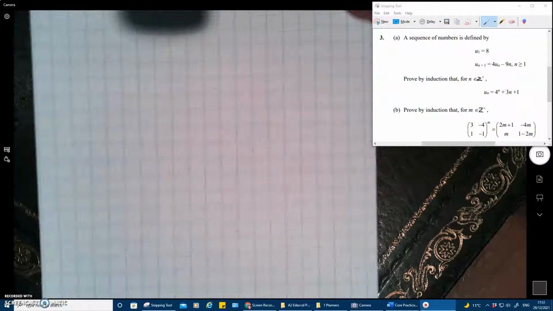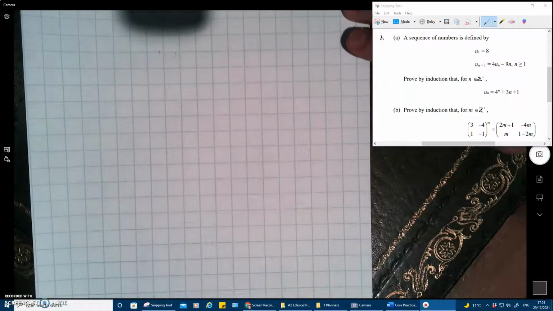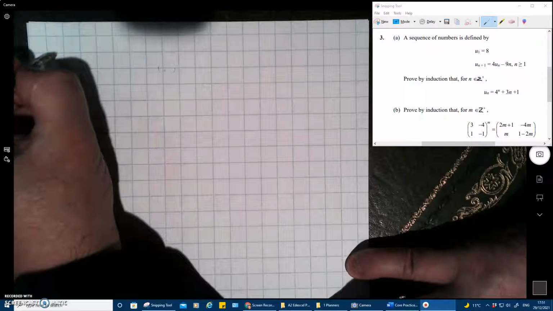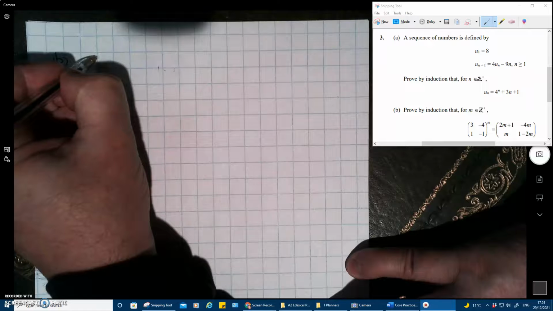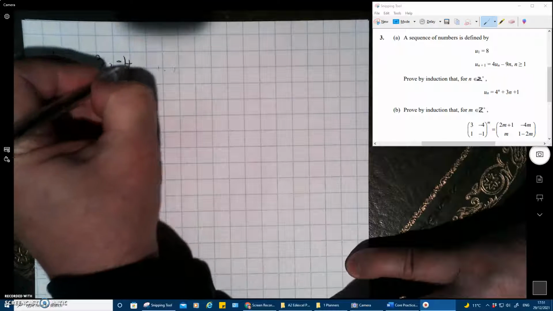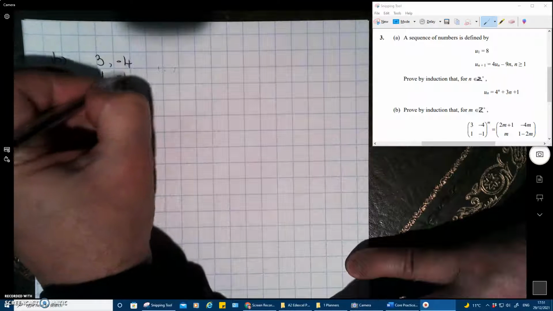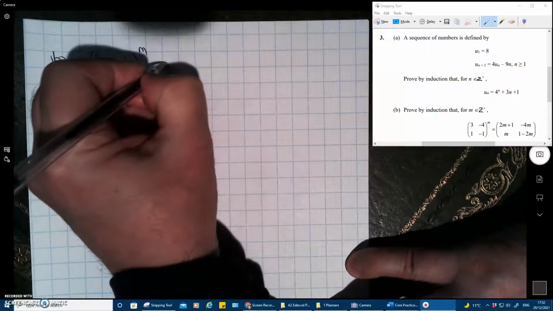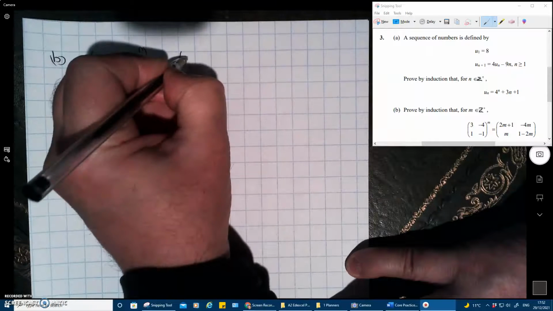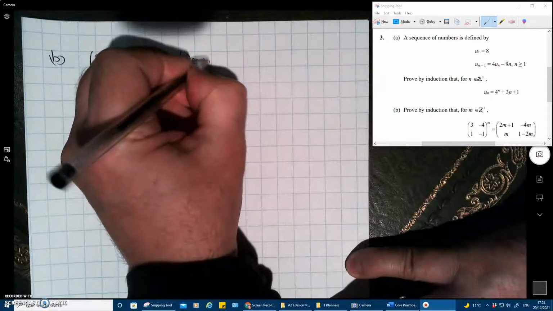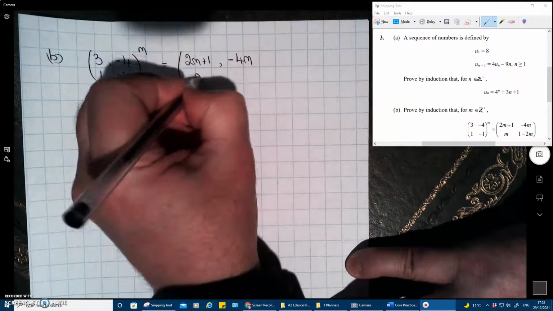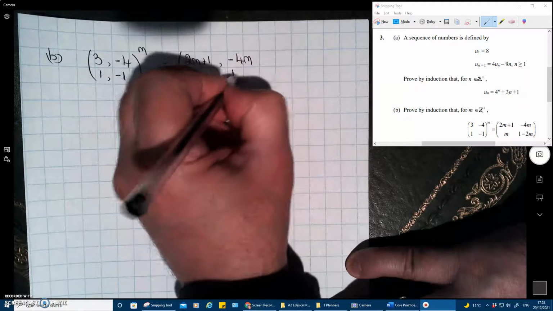Okay, now part B is a very similar process. Bottom of the page. So we're trying to prove that 3 minus 4, 1 minus 1, to the power m equals this expression here, 2m plus 1 minus 4m, m, 1 minus 2m.